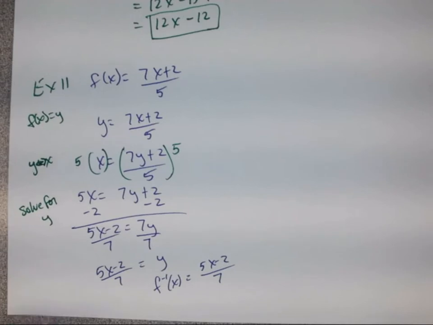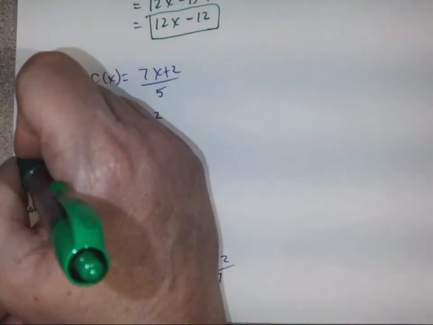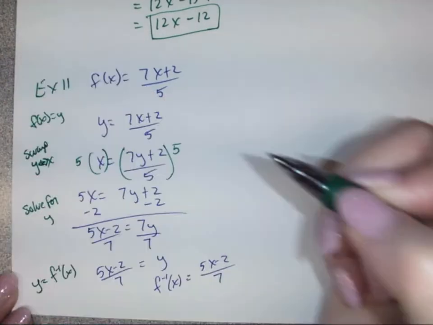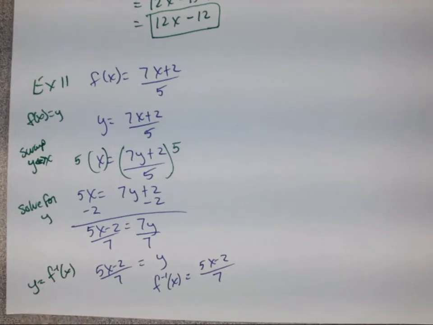Solve for y, and then y equals that f inverse of x. So it's all about a y. Do something about y. You change it to f of x, then you swap it with the x, then you solve for it, and then it becomes the f inverse of x.